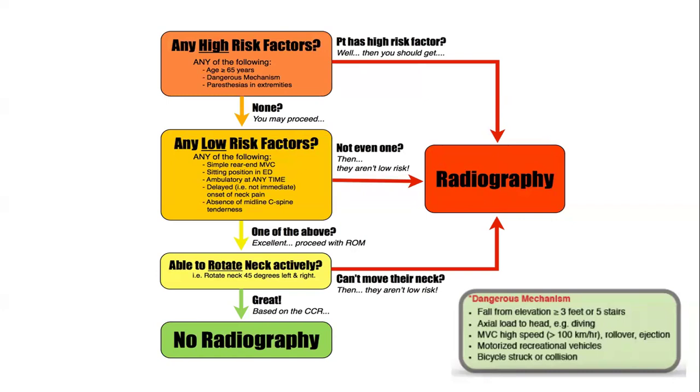The patient with dangerous mechanism, so no rear end motor vehicle, and the patient also presented with injury. The pain started immediately, so no delayed onset of the pain, and he also can't walk after the accident. And so he has high risk, so we have to do a CT scan for him.